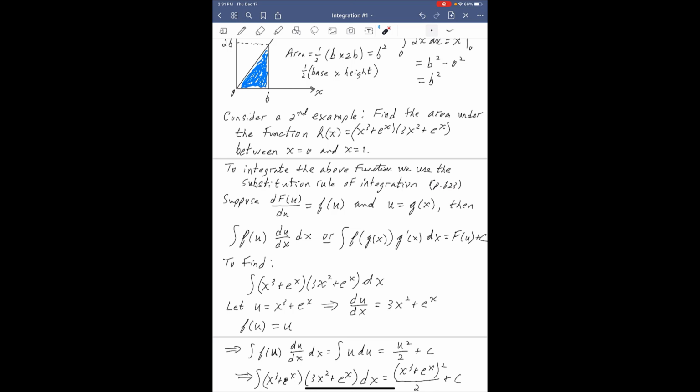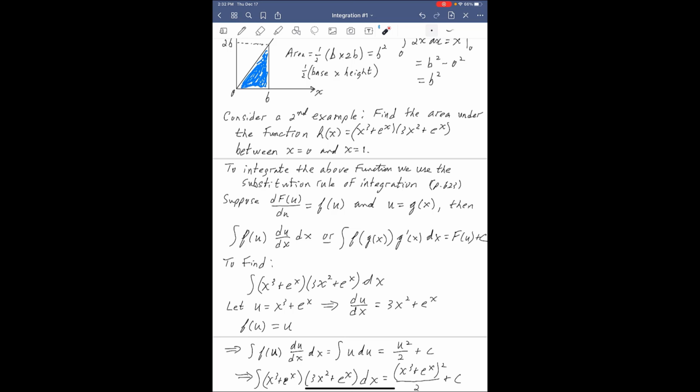So the substitution rule of integration says that if you have an antiderivative function, capital F, where the derivative of that function with respect to u is equal to f of u, lowercase f, and u is given as a function of x, g of x, then if we integrate the lowercase f of u times du dx times dx, so in other words, we're basically taking the integral of f of u du, or substituting that u in here, we get f of g of x times g prime of x dx is simply equal to F of u plus c.